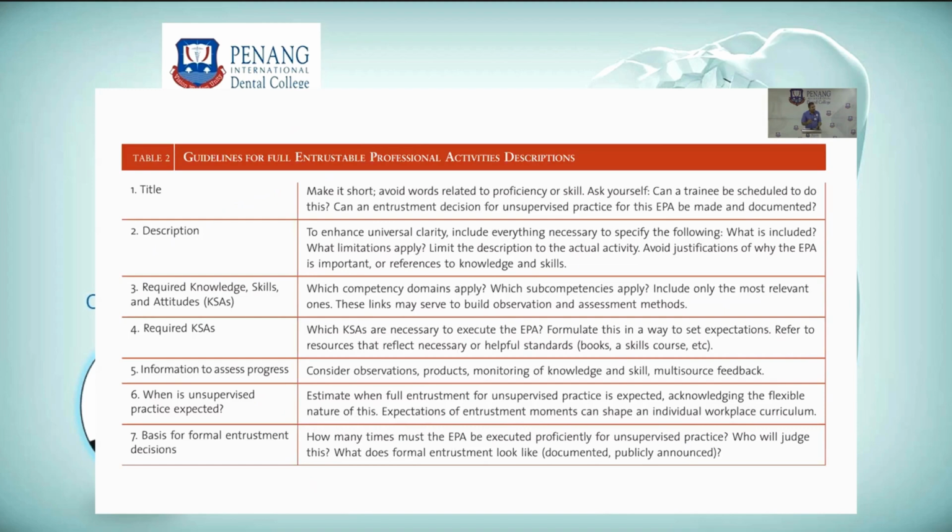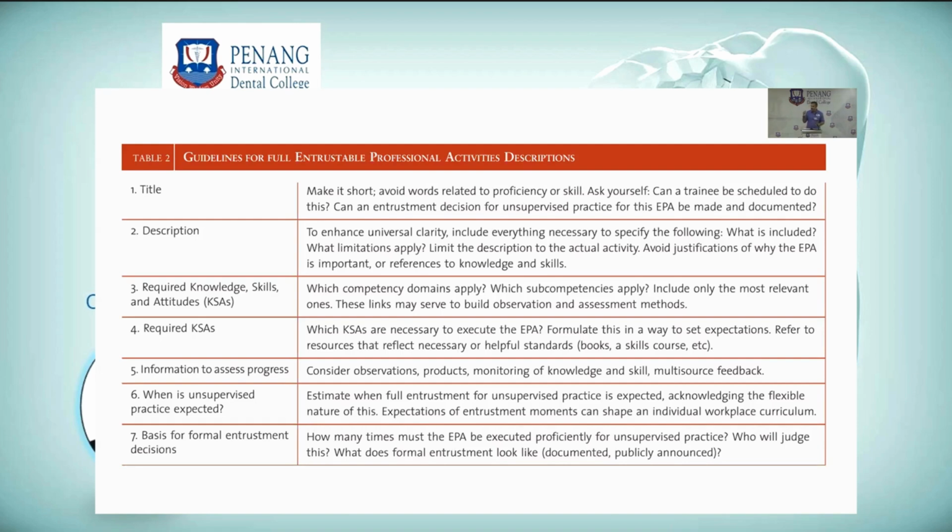So this is in more detail, how these descriptors should be. We will not go into more detail now because once we are actually trying to write a descriptor for an EPA, we will go into more details. But I just want you to remember that the description, to enhance universal clarity, should include everything necessary to specify the following: what is included, what limitations apply. Limit the description to the actual activity, avoid justification of why the EPA is important, and reference to knowledge and skills.